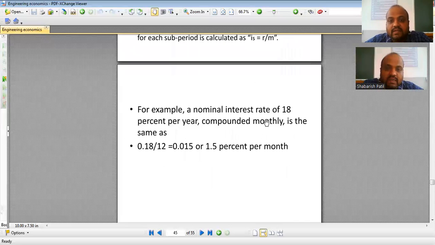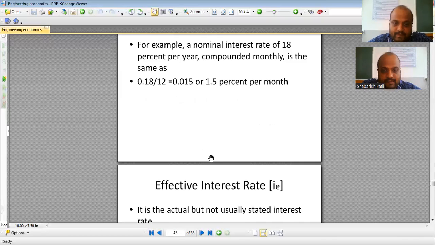For example, a nominal interest rate of 18% per year compounded monthly is the same as 0.18 divided by 12, that is equal to 0.015 or 1.5% per month. If I have a nominal interest of 18% per year, and the statement is given as compounded monthly, then your per month interest will be 18 divided by 12, that is 1.5% per month.